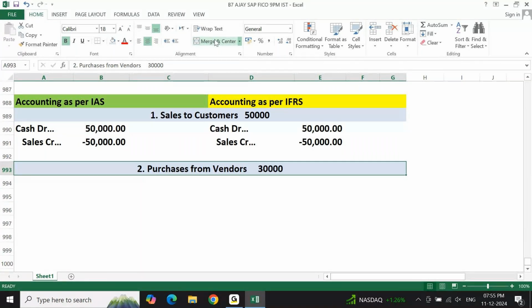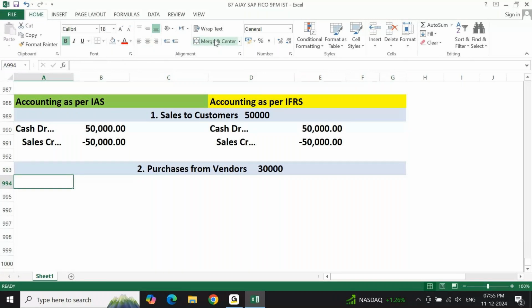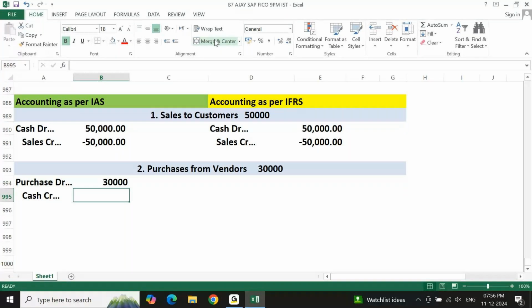Purchase account debit, cash account credit. Amount is 30,000 on the debit side, 30,000 on the credit side. Take the number in the accounting format. This is how it will be.